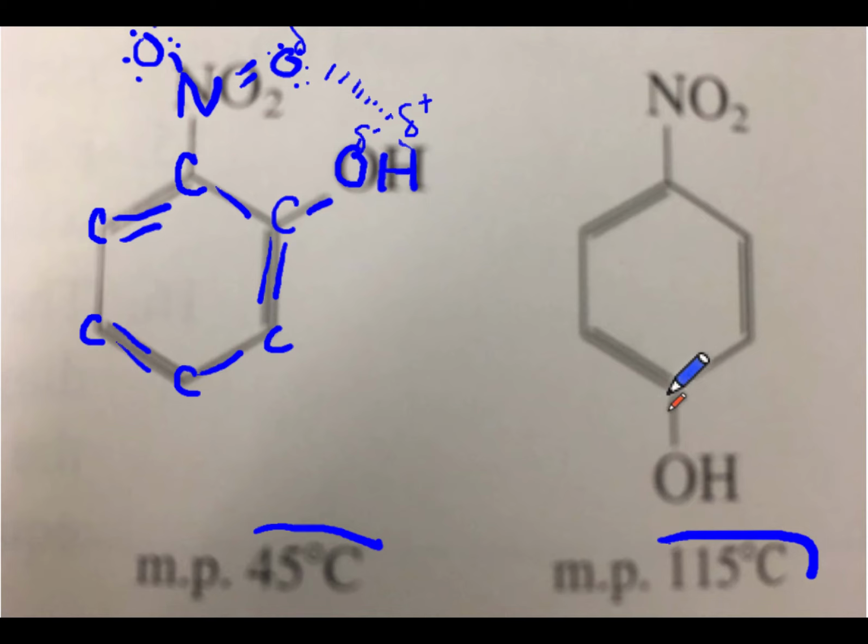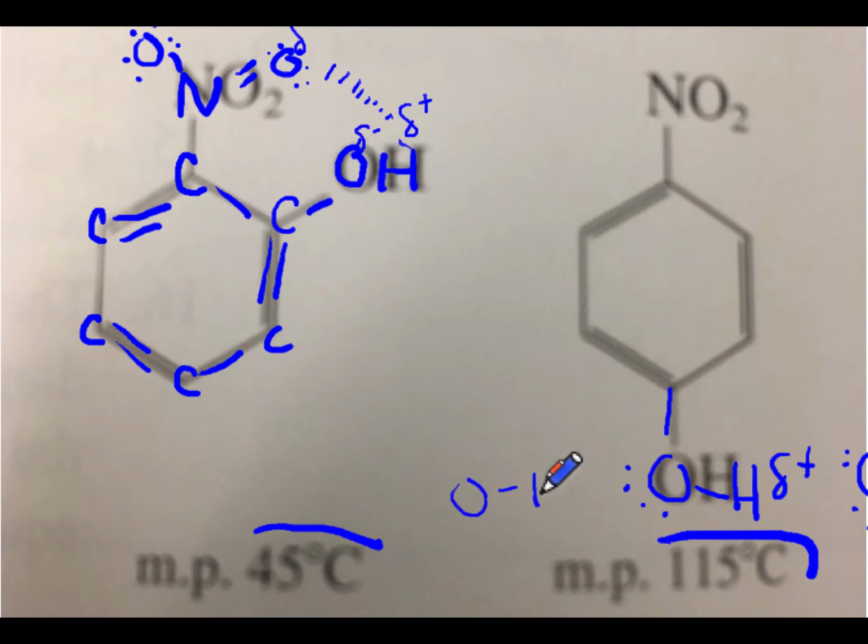If you look here, you have your oxygen with two lone pairs, your slightly positive hydrogen, and that can interact with the slight negative on another molecule, if this is attached to another ring over here. This can donate a hydrogen bond here.